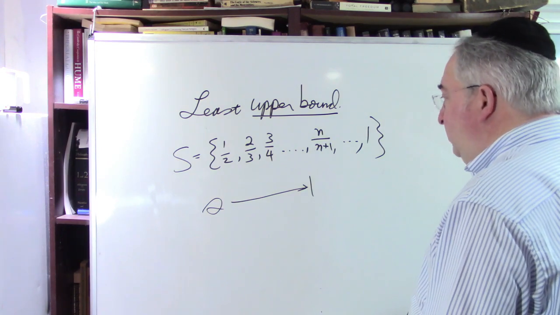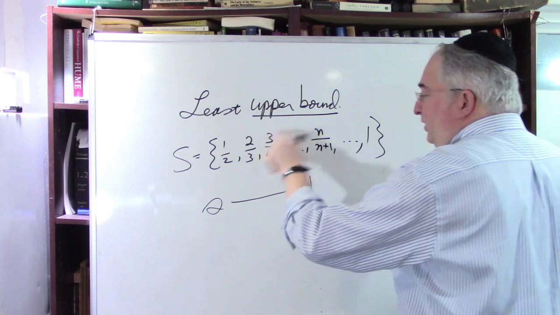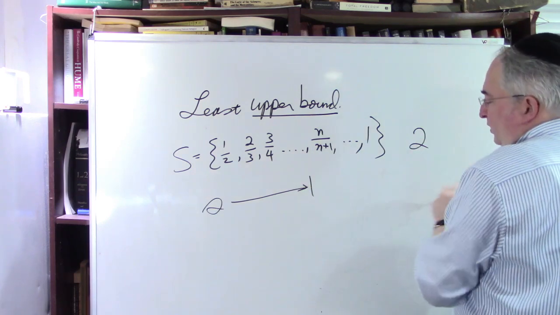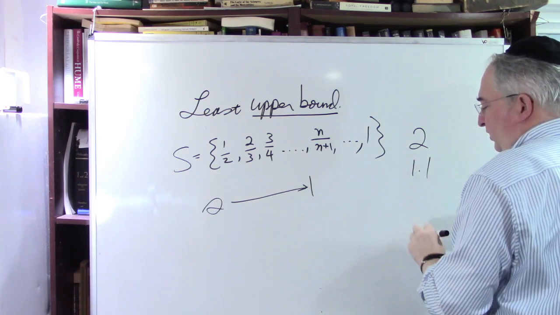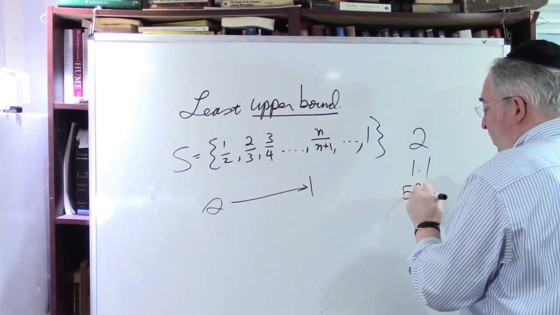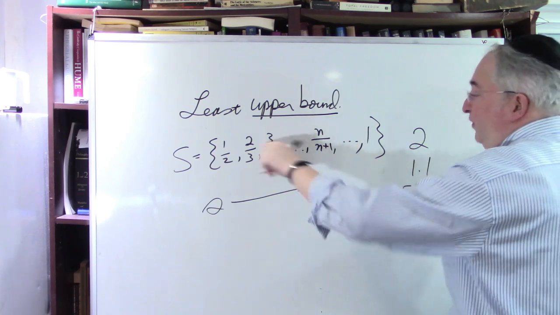Now, you know what else is bigger than this? The number 2 is bigger than this. The number 1.1 is bigger than this. The number 5,328 is bigger than every element in this.